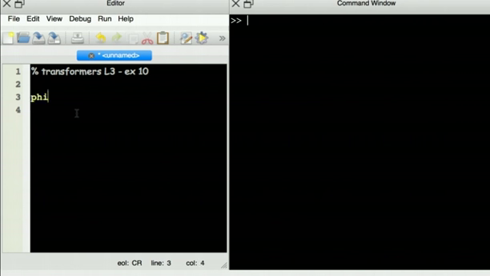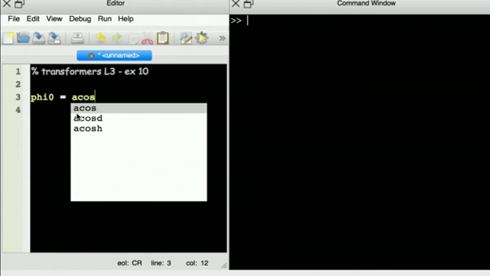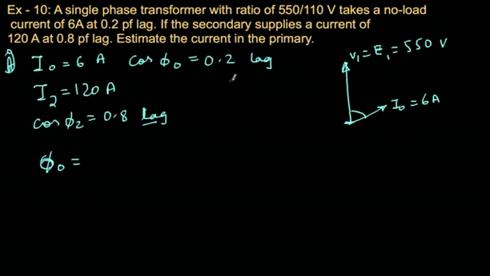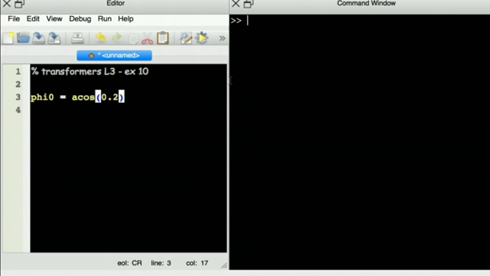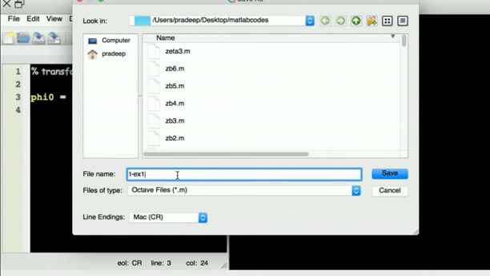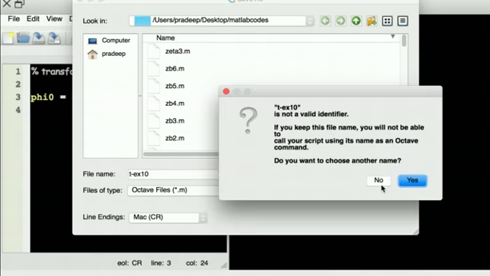So phi naught is nothing but A cos, the cos inverse of 0.2. What is the power factor? 0.2 lagging. Okay, so this one I want to multiply by 180 and divide by pi to convert it into degrees. So let me execute this program.